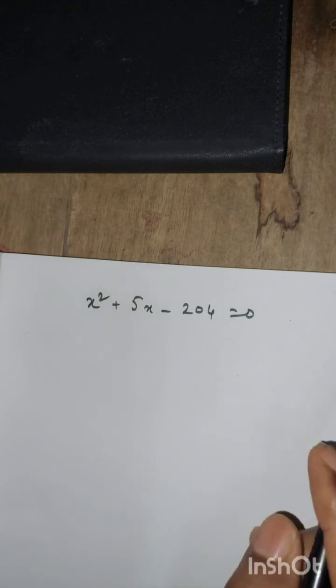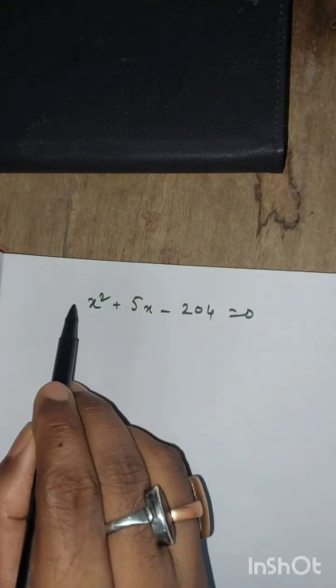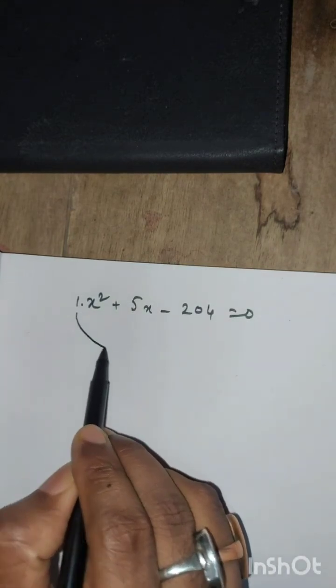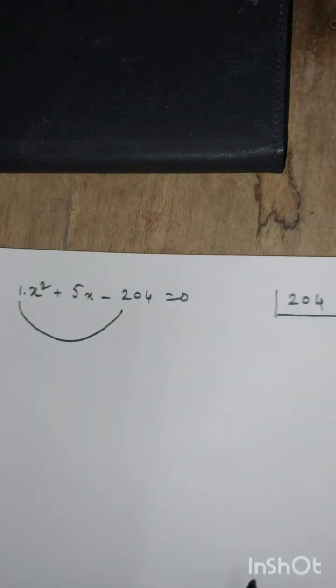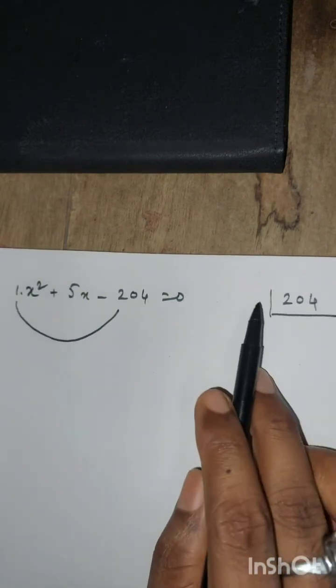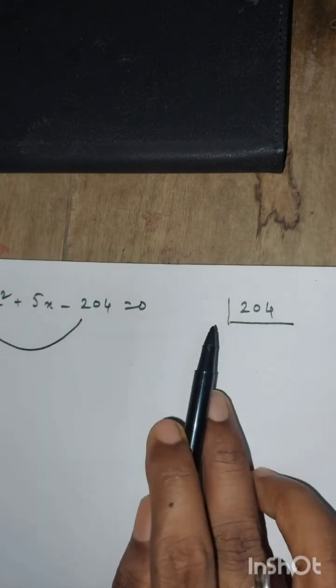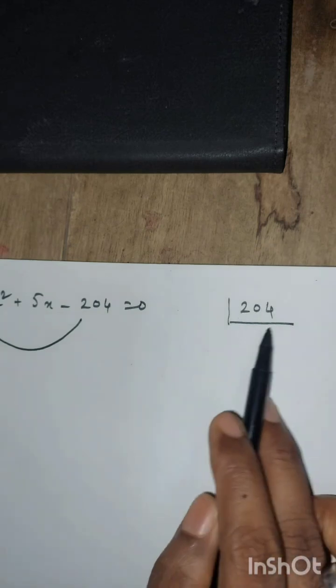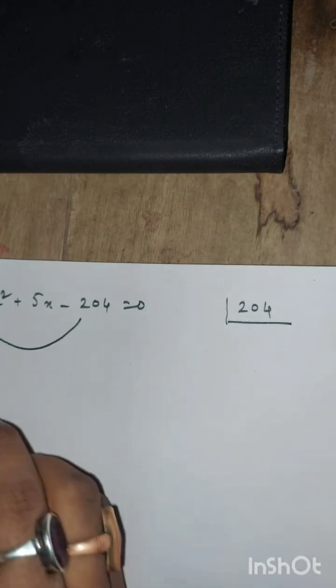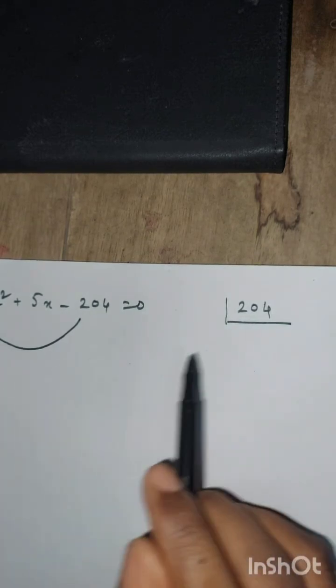We multiplied the coefficient of x square and the constant, and the product should be taken in this box, and we should do prime factorization of this number. So in this case, 204 into 1 is 204.